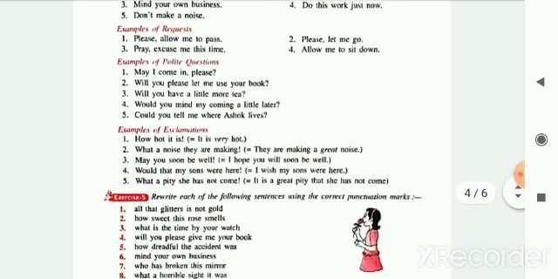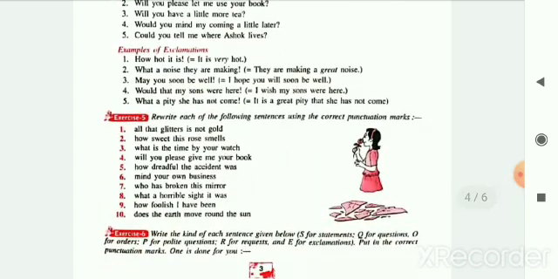Then exercise 5 is given. Here you are supposed to use correct punctuation marks. Now here you will use capital letters, full stop, a question mark or exclamatory mark depending on the sentence. I hope you have understood.